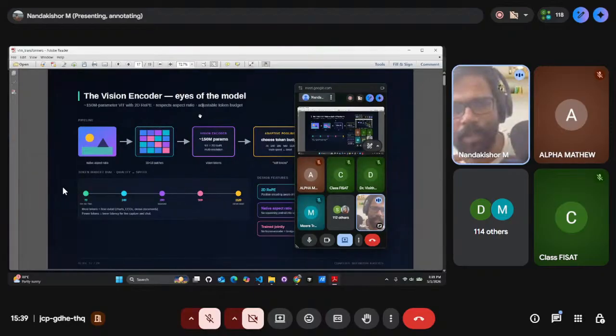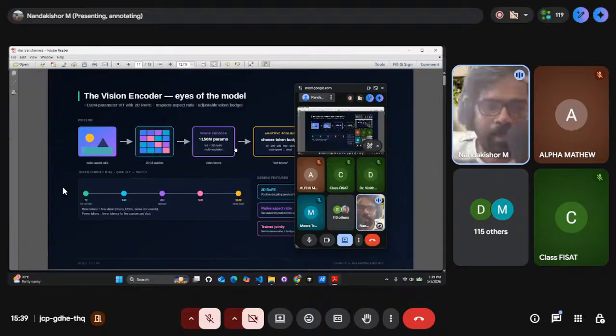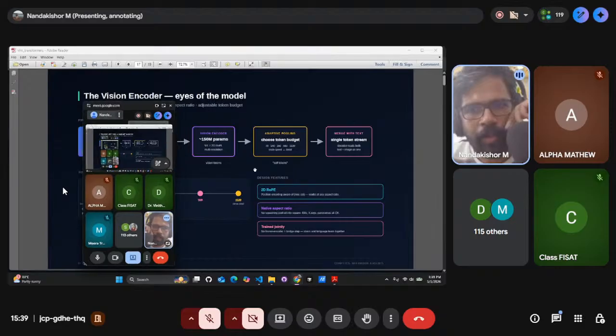This one needs about 150 million parameters. I think the original Gemma 3 is 200 to 300 million parameters, something like that, which is much higher than this one. So they reduced the model's parameters by adding a 2D RoPE, a rotary positional method. The 2D position encoding is aware of row and column and works at any aspect ratio.